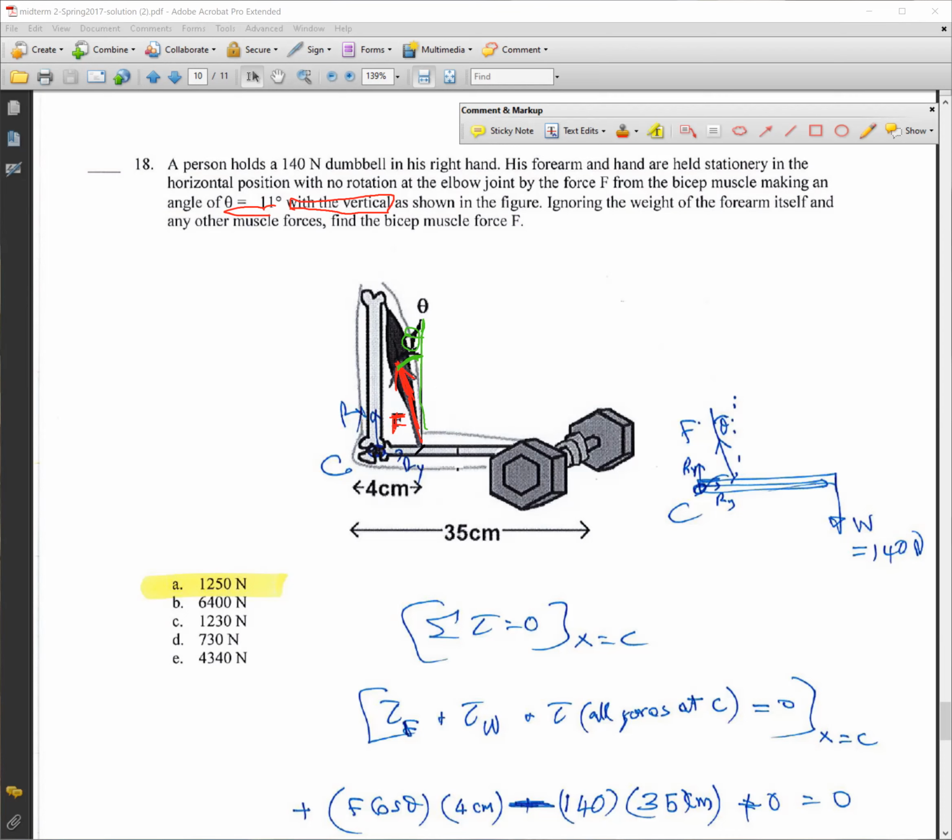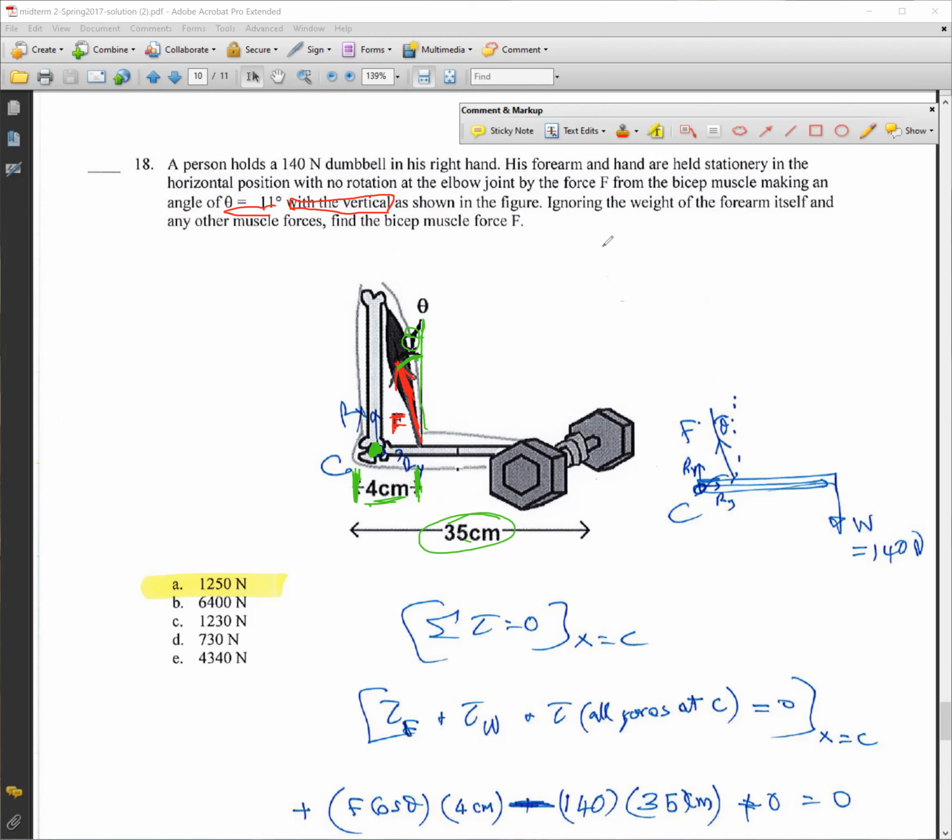Okay, right. So if that's the case, again, the fulcrum is at the level of the elbow, and we're given the distances. So here, from the elbow to the force applied by the bicep, I have 4 centimeters. And here I have the distance from the elbow to where the dumbbell is, 35 centimeters.